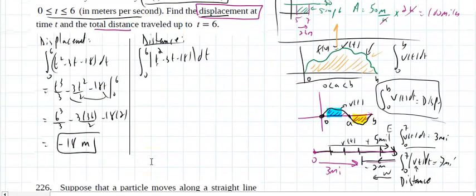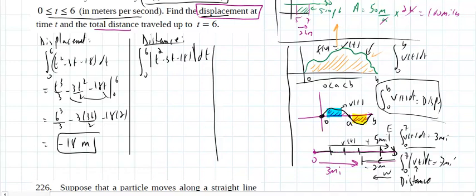But if I want to figure this out, I have two options. Either I graph this, or I make a chart. Either way, it doesn't matter which method you choose. You're going to have to take t squared minus 3t minus 18 and set it equal to 0 and factor that.